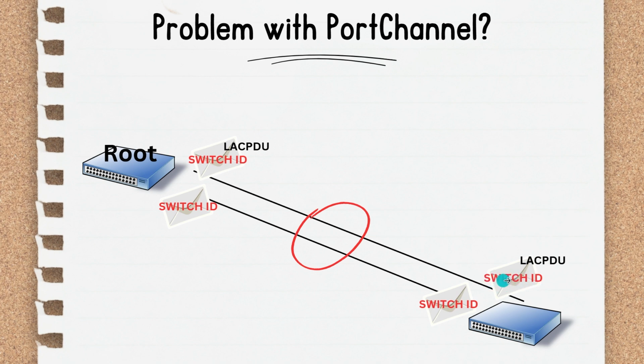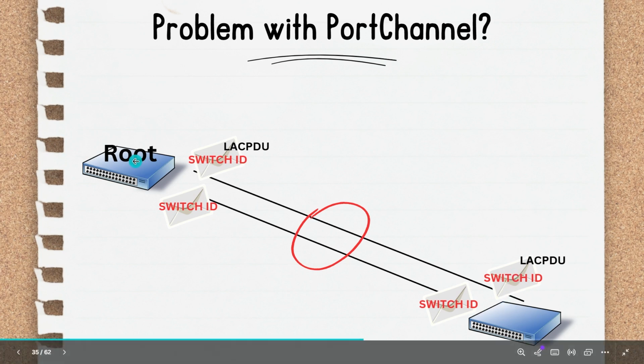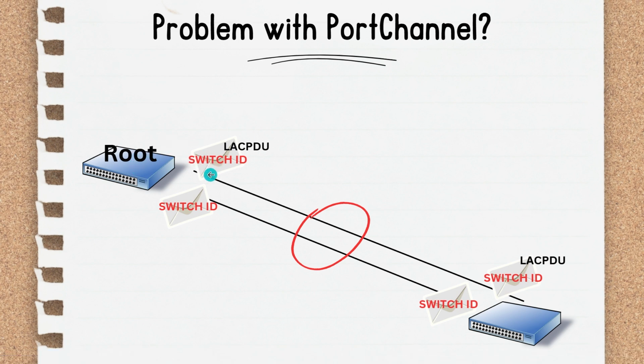This switch ID is some numerical value, a unique ID for this switch, and in the same way the other switch also exchanges its own switch ID. Say we are bundling these two physical ports; for all of the physical links inside this logical bundle, the switch ID packet exchange will be similar.